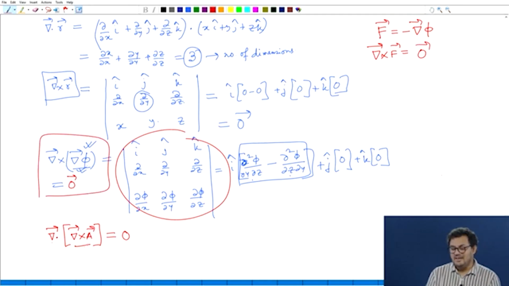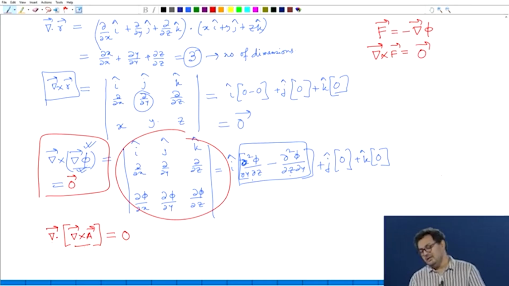That is why sometimes, instead of saying that the force has a form like minus gradient of phi or plus gradient of phi, we say that for a particle moving under a force whose curl is 0, the total mechanical energy is a constant of motion.